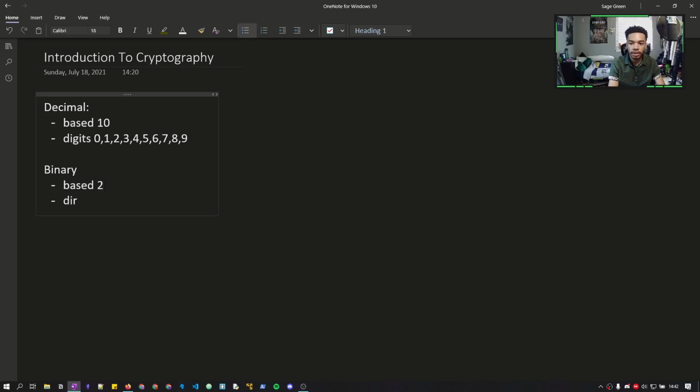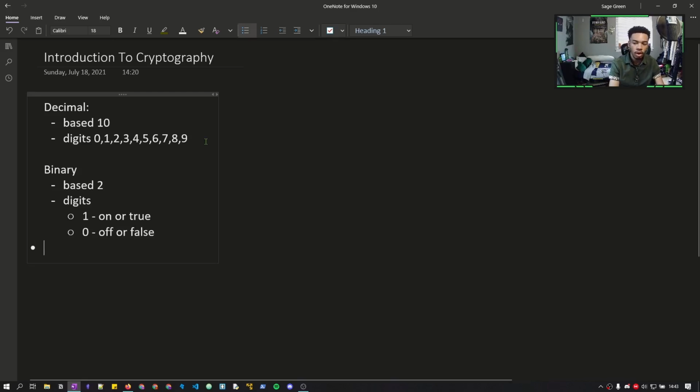And its digits are a 1, which typically stands for an on value or a true value, and then there's a 0, and the 0 usually stands for off or a false value. So those are the only digits we have to be concerned about for binary, right? Because there are 2 digits, 1 and 0, on or off.